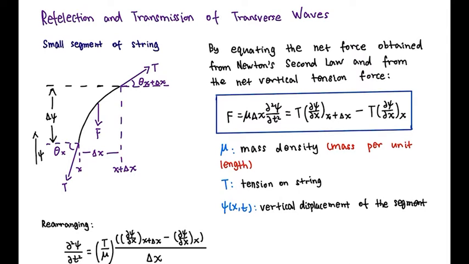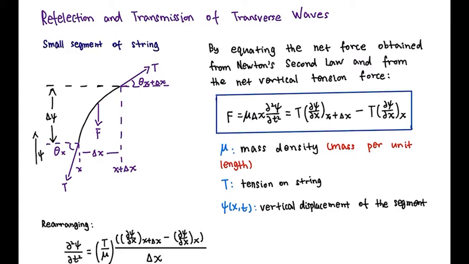Looking at a small segment of string as displayed on the left-hand side of the page, by equating the net force obtained from Newton's second law, which is mass times acceleration, and from the net vertical tension force, we get F equals mu delta x times the second derivative of psi with respect to time, equals T d psi/dx at x plus delta x minus T d psi/dx at x.